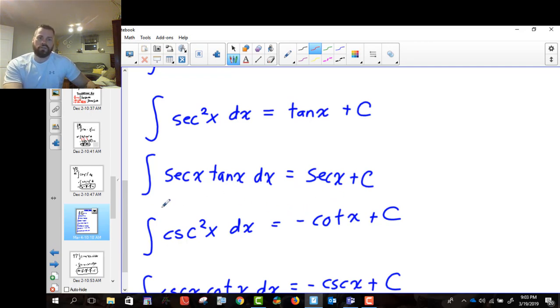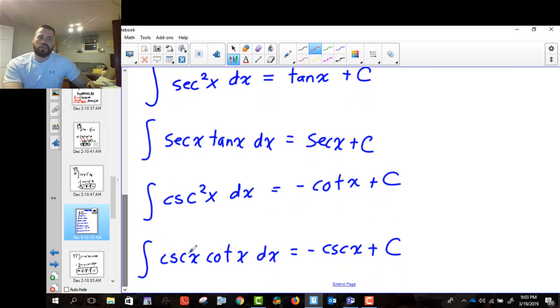So we put a negative there and it makes it positive. And the integral of cosecant x cotangent x is negative cosecant x plus c. All right? So in other words, all we're doing is using our knowledge of derivatives backwards. We're saying if we can write that the derivative of cosecant is negative cosecant cotangent, then we can rewrite that as an integral instead, that the integral of cosecant cotangent is negative cosecant.